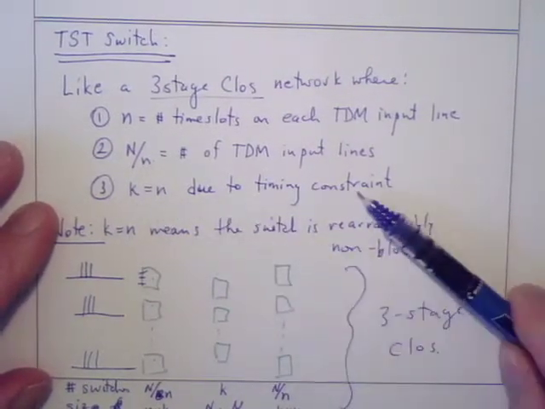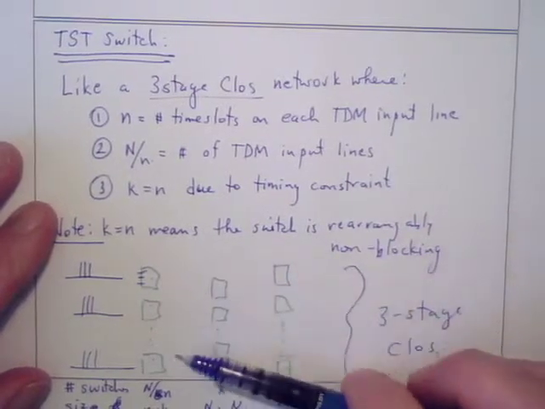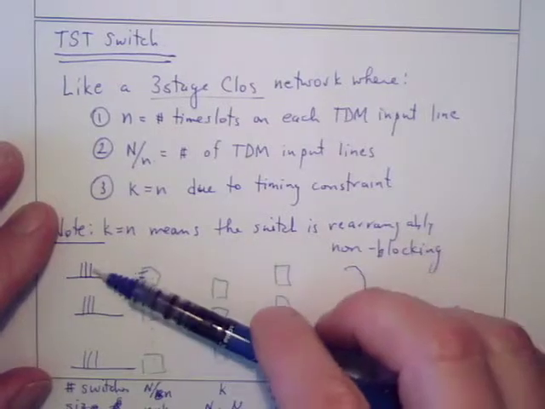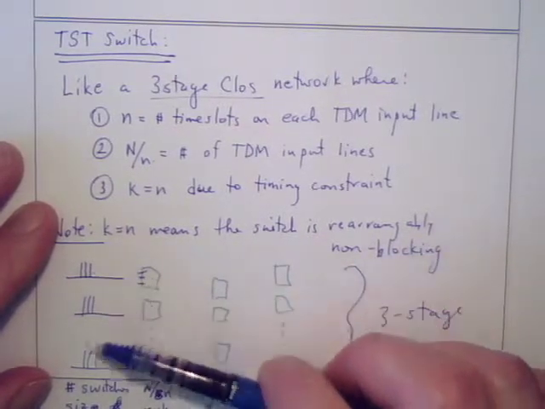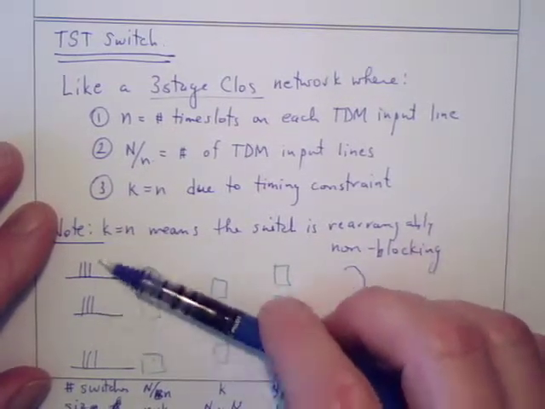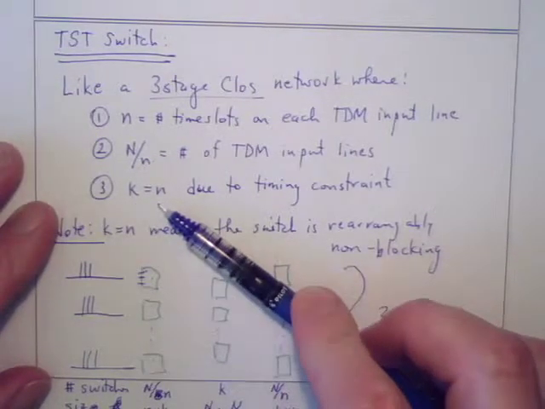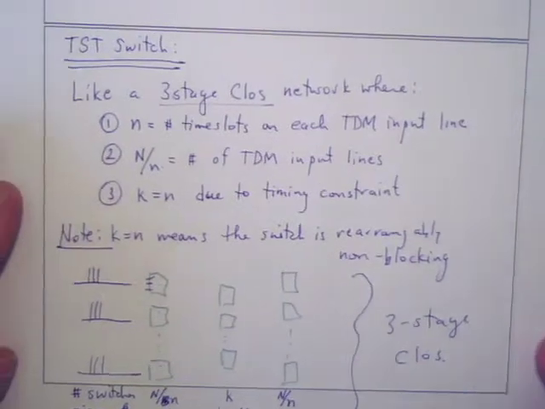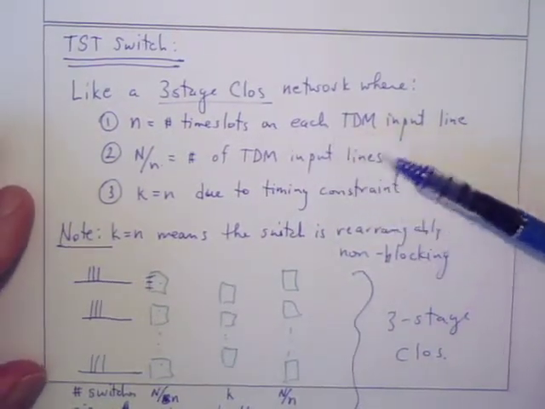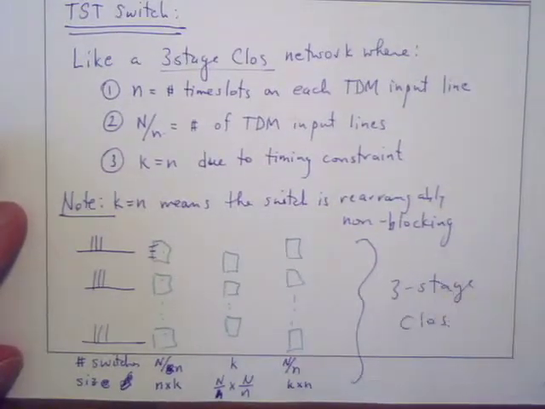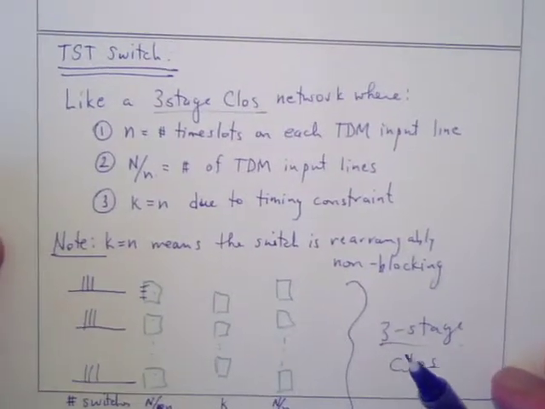And finally, due to the timing constraint, we're going to let the interior of the switch fabric remain in sync with the timing of the time slots on all of the inputs and outputs. We're going to set k equal to n. Okay, so this is hopefully all you need to show the mapping between what we already know as a three-stage Clos network with these values and the TST switch.